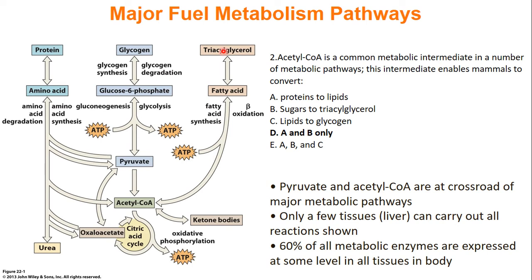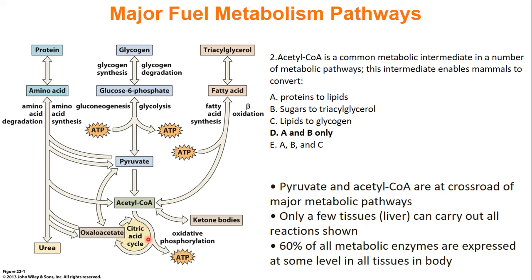How about lipids to glycogen? Triacylglycerols, fatty acids, acetyl-CoA. And now we can't get to glycogen easily because remember, pyruvate to acetyl-CoA using the PDH complex is irreversible, so we can't go back up that way. Now, it is possible to go a very convoluted method.